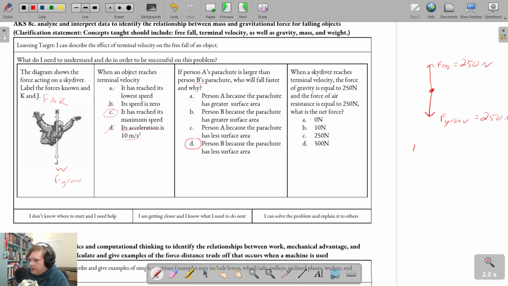Okay? That means our net force is 0, right? 250 up, 250 down. They cancel each other out. Net force is 0. And we're done. That was the answer. Got it. Look at us. We didn't even know that's what they were asking. We just know these things already, and that question becomes very easy.